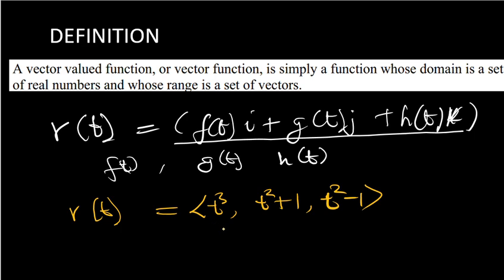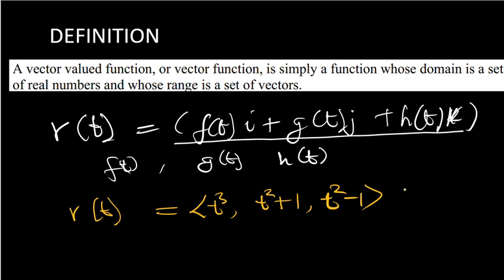So t cubed, t squared plus 1, and t squared minus 1 are all functions, and they represent the components of this vector function. And since they are functions and they are still components, they are best described as component functions.